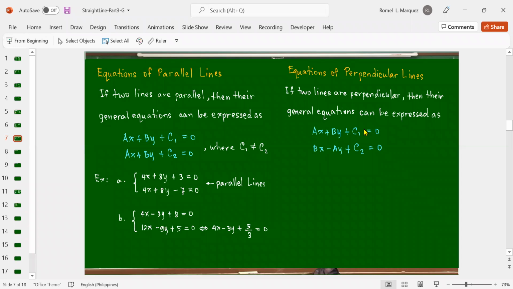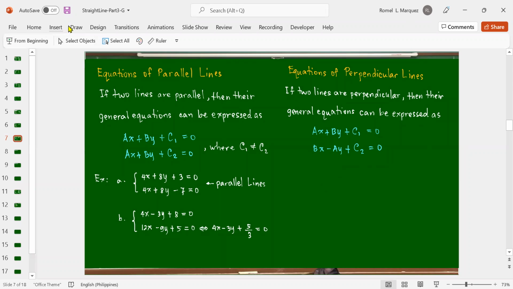As long as you look at the coefficients. The coefficients of x and y in the first equation stay the same in the second, but interchanged, and with different signs for one of them. Is that clear, guys?